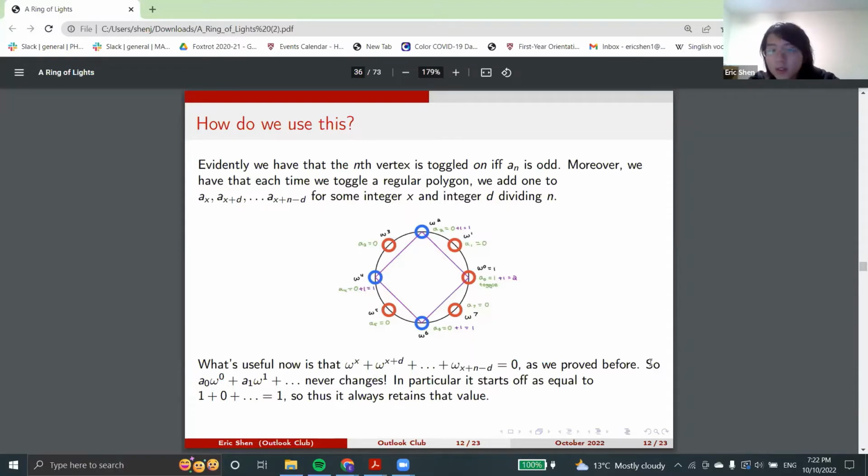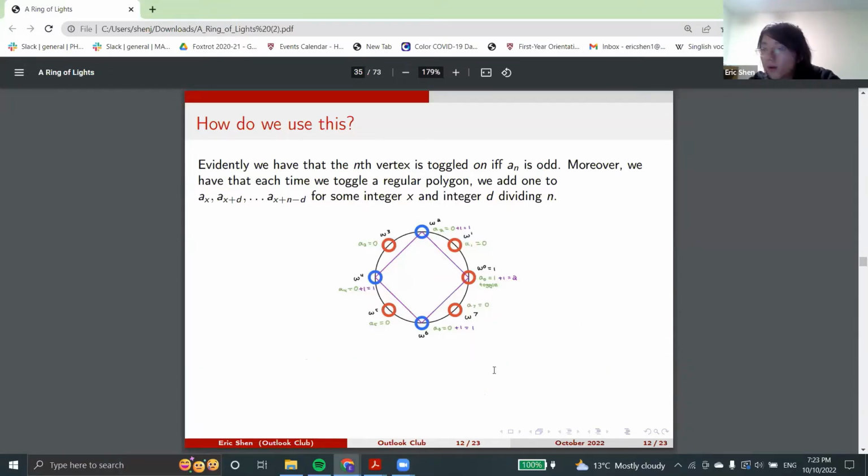So let's consider the sum A0 omega to the 0 plus A1 omega to the 1 plus, and so on, up to A7 omega to the 7. What have we done to this counter?